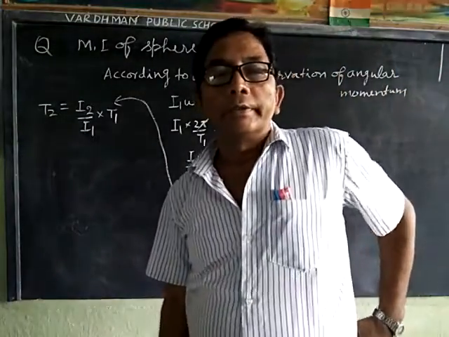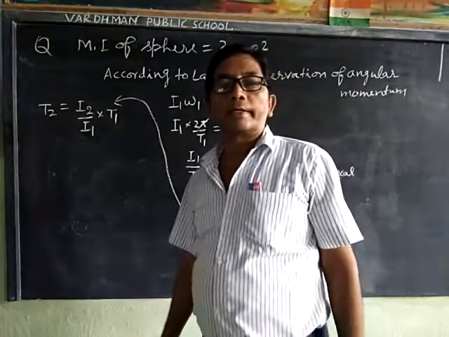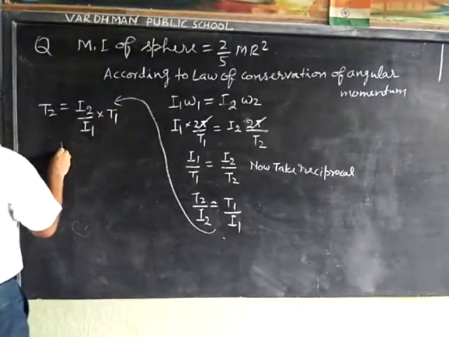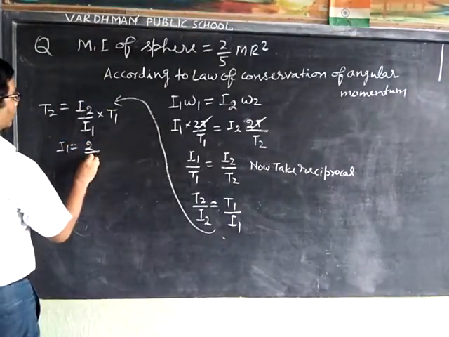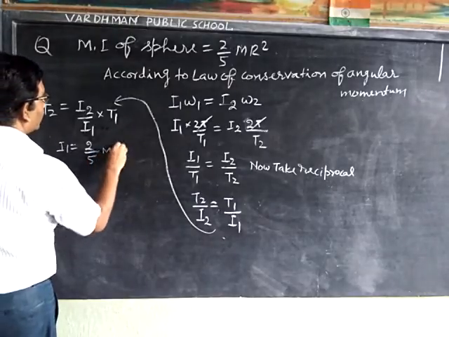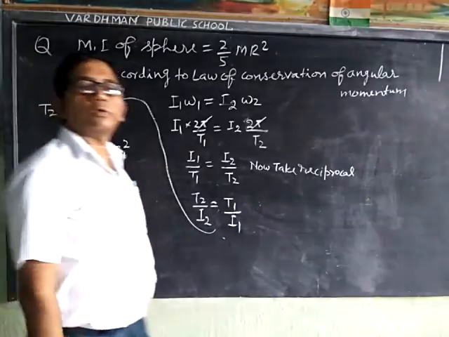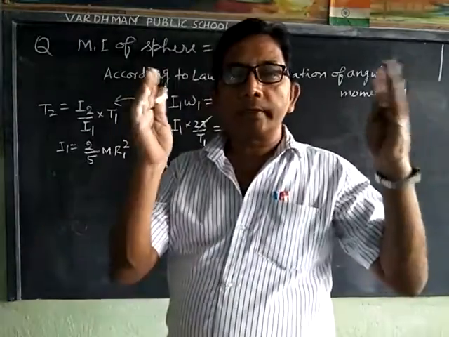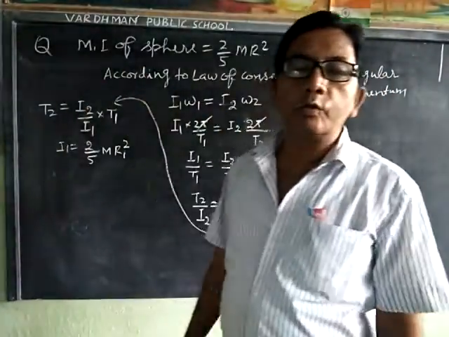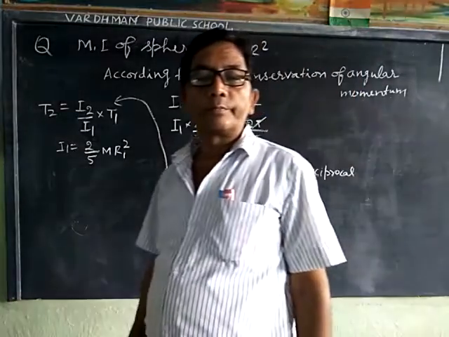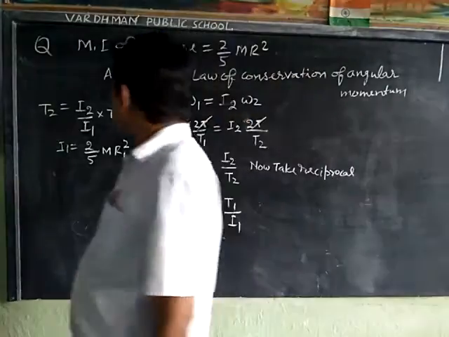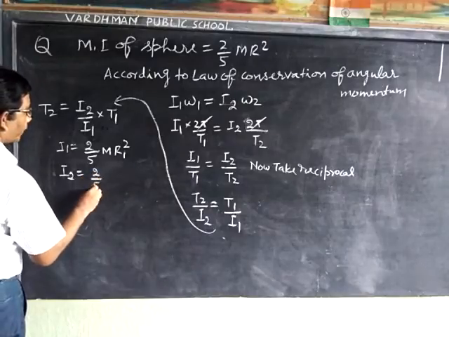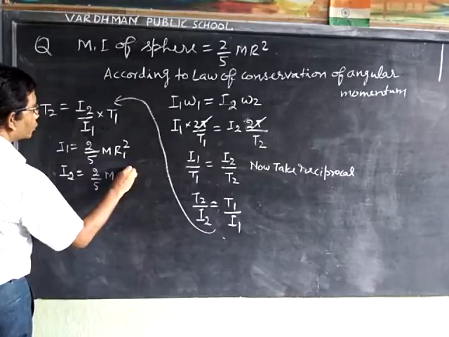Now it is given that I1 is equal to 2/5 m r1 square, as the sun is a sphere. I2 is equal to 2/5 m r2 square.